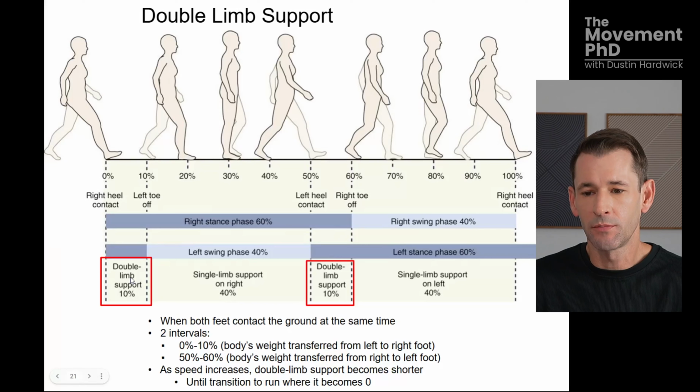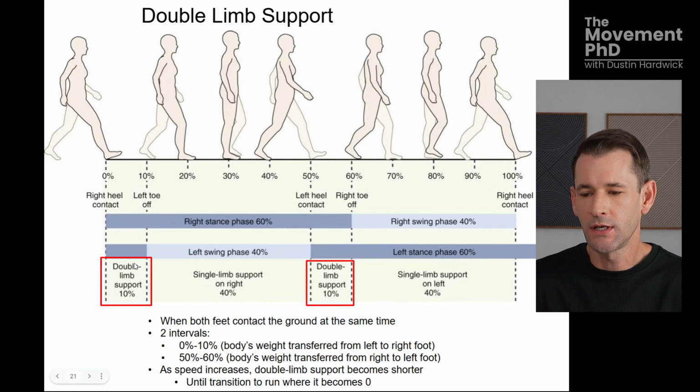This double limb support is really important because this is the time by which we transfer our body weight from one foot to another. So from the 0 to 10% part of the gait cycle, weight is being transferred from the left foot over to the right foot. And then again, at the 50 to 60% double limb support time, now we're transferring the weight from the right foot onto the left foot, which then allows our right foot to swing through.